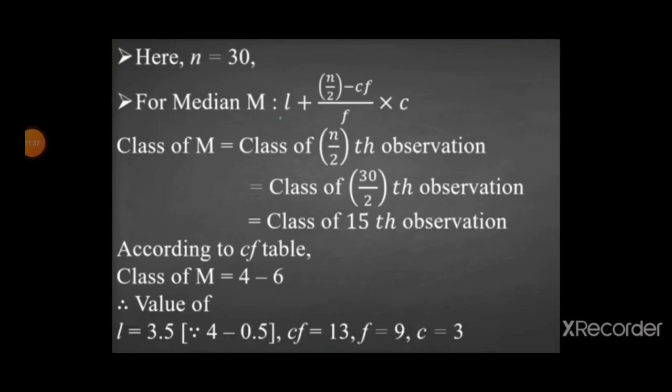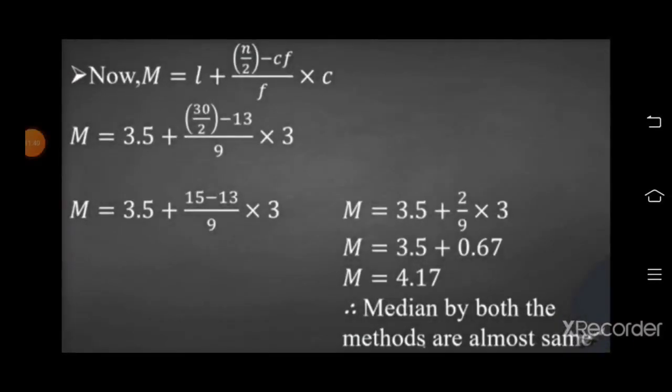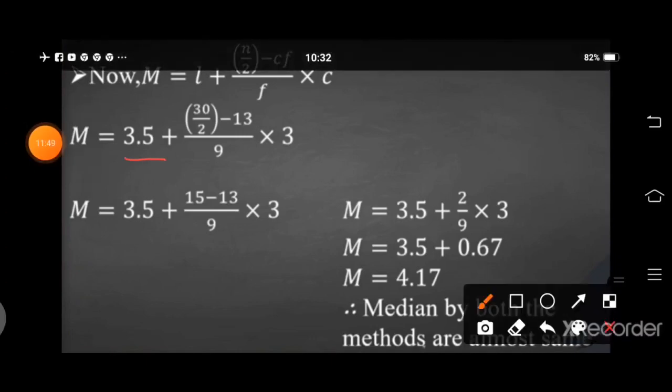Put into the formula L plus (N upon 2 minus CF) upon F into C. Put all values. L equals 3.5, then N is 30 divided by 2, CF equals 13, F equals 9, class length is 3. 3.5 write as it is. Then first solve 30 divided by 2, 15 minus 13 divided by 9 into 3. 3.5 write as it is.